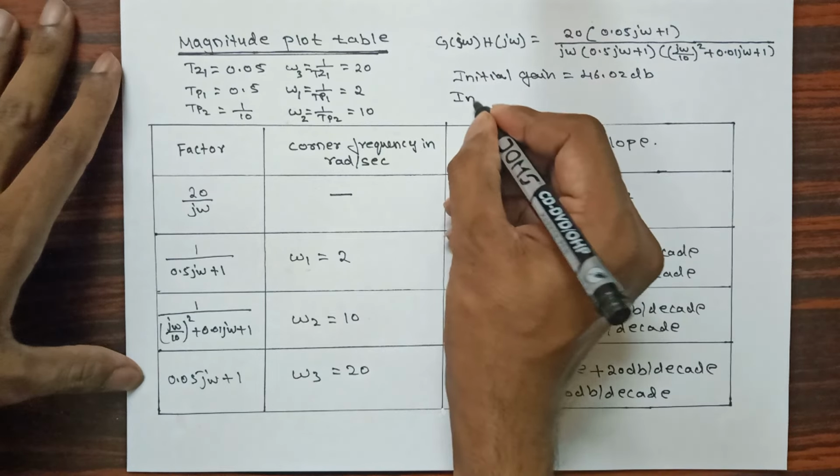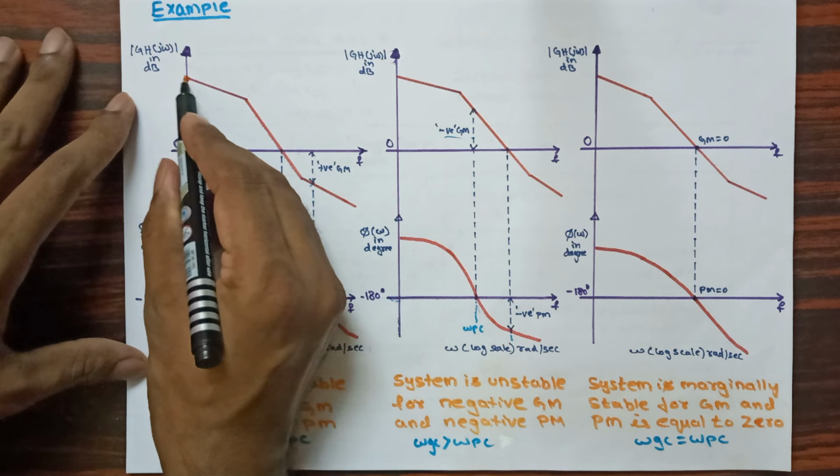So these are the values required to sketch the magnitude plot. So you can see in this example now whatever value we got, like at omega is equal to 0.1 we got the initial gain, that is 46.02. We have to mark that 46.02 value first.